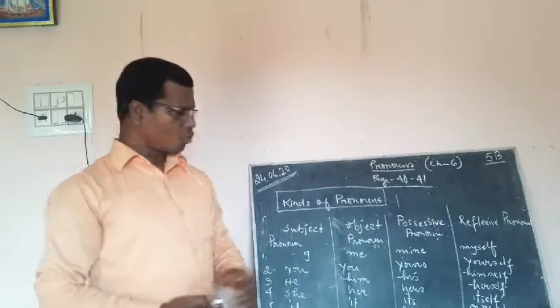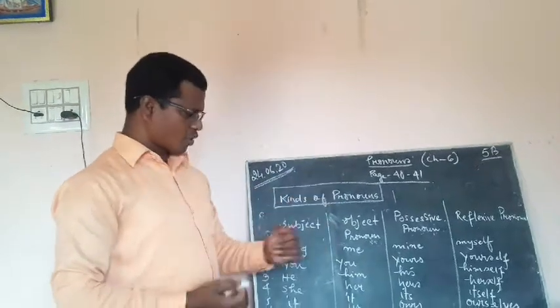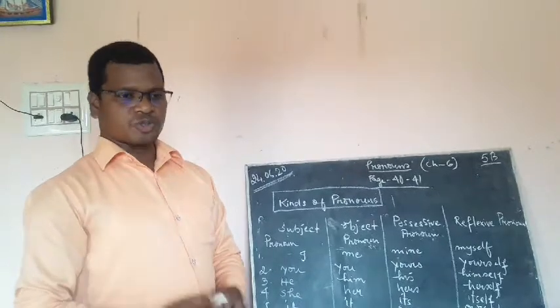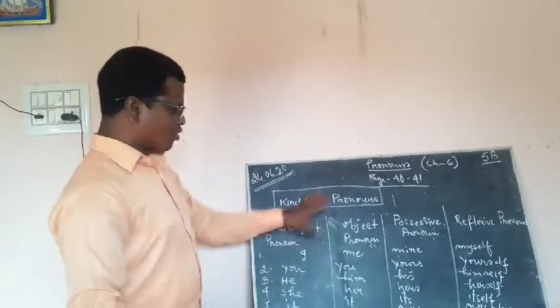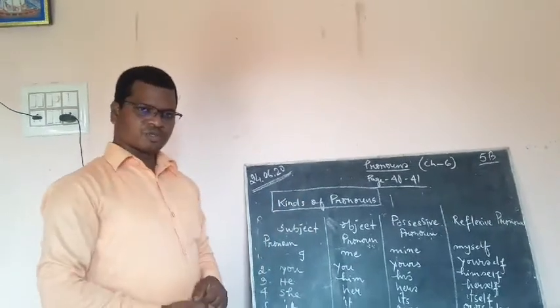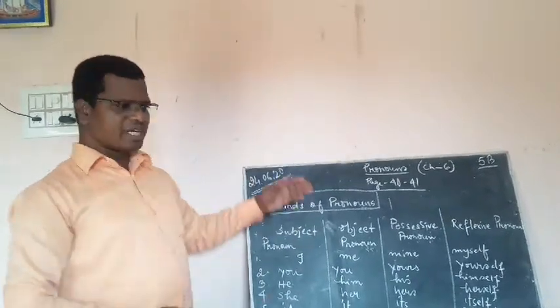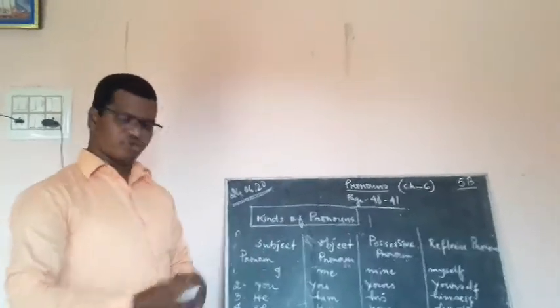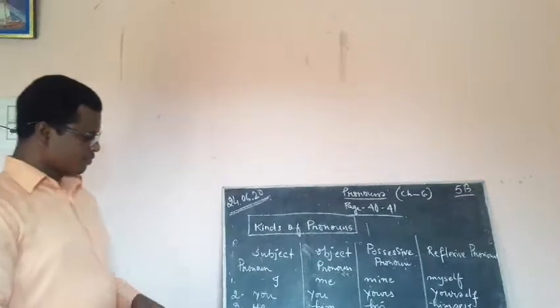Unless we know what subject pronouns or object pronouns are, it is very difficult for us to do it. Therefore, I have made a chart of subject and object pronouns so that you become familiar with all this. Let's go through it once before we go to the exercise.